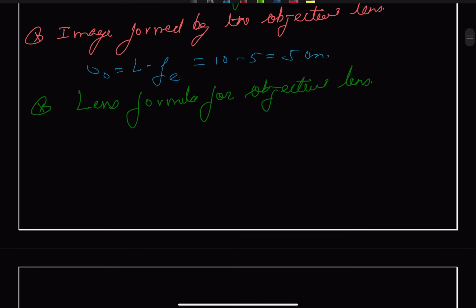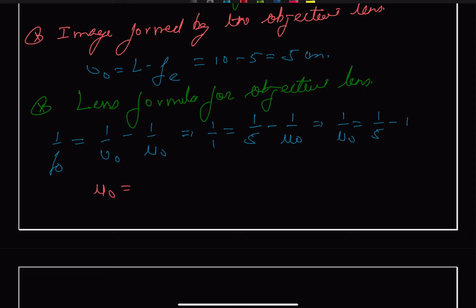So this comes as 1 upon 1 is equal to 1 upon 5 minus 1 upon u0, and from here we get 1 upon u0 is equal to 1 upon 5 minus 1, and this gives us that u0 is equal to minus 5 upon 4.